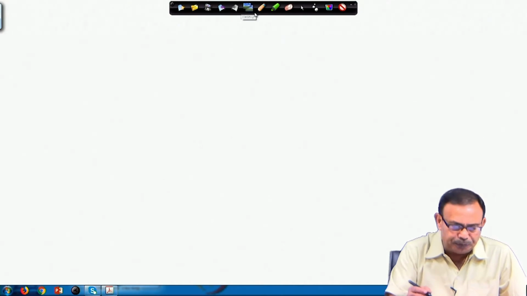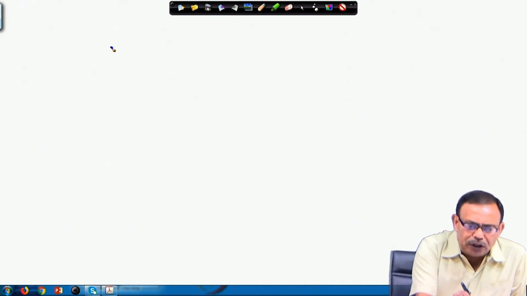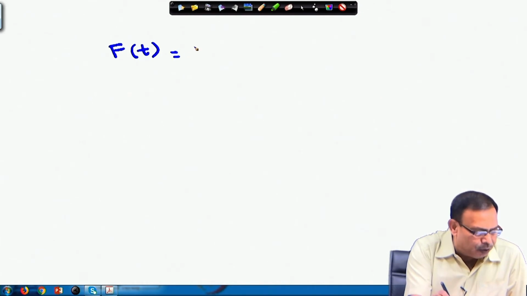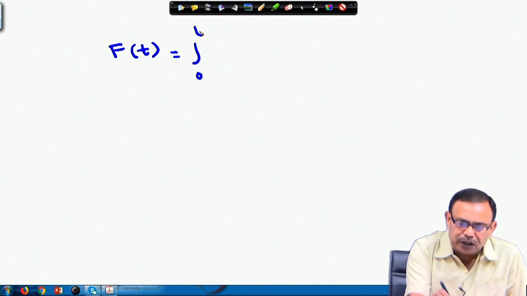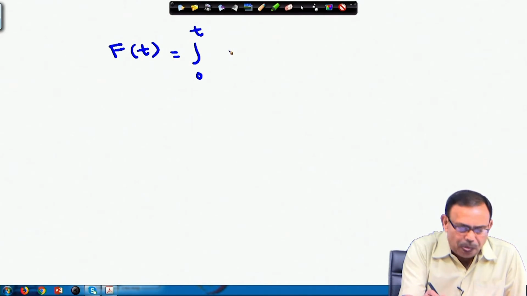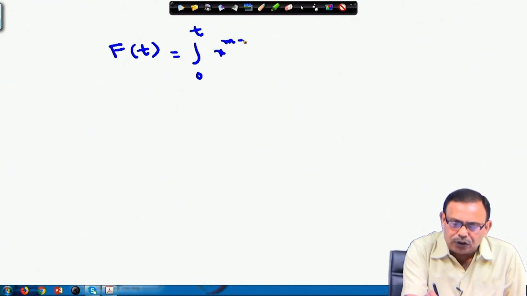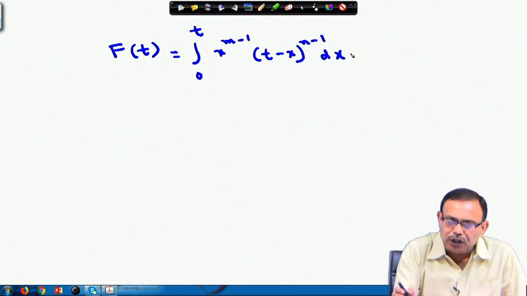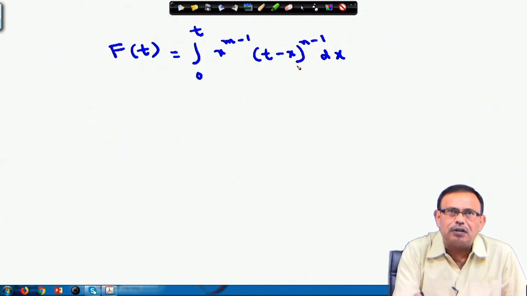Let us see this. We are assuming a function f t equals the integral from 0 to t of x to the power m minus 1 into t minus x whole to the power n minus 1 dx. Already we have said that m and n are greater than 0.